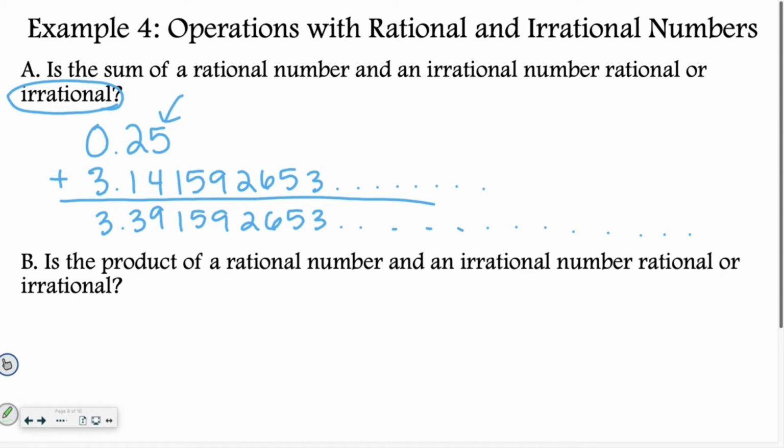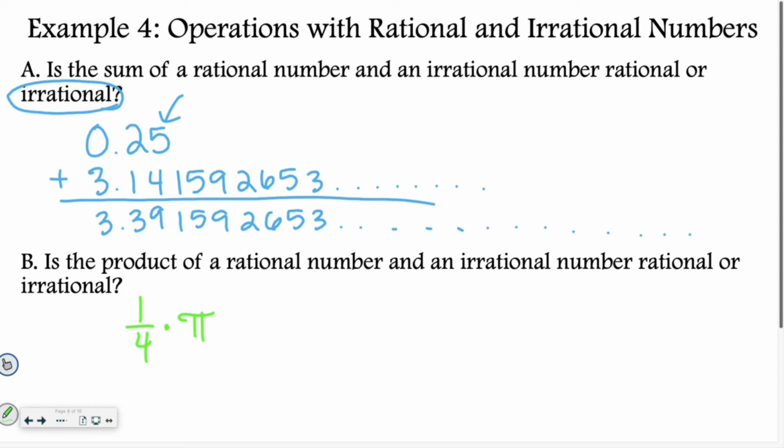So then letter B is the product of a rational number, so let's try that, and an irrational number, rational or irrational. So if I did 1/4 times, let's see, we'll do pi again because we like pi.